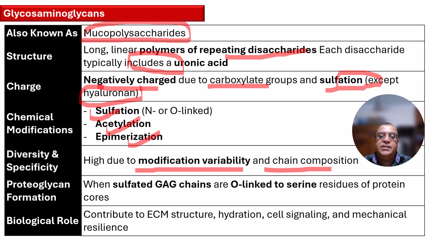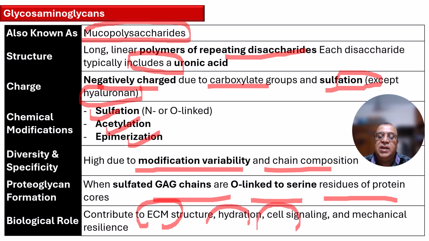When sulfated, glycosaminoglycan chains are O-linked to serine residues of protein cores. Their biological role contributes to extracellular matrix structure, hydration, cell signaling, and mechanical resilience.